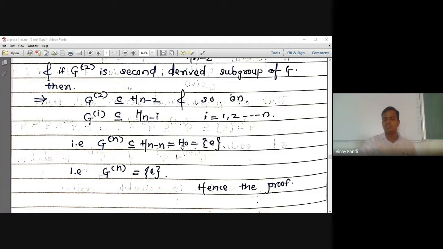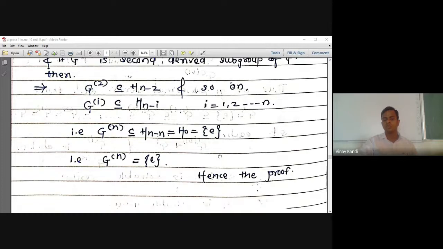But H0 is nothing but the singleton {e}. Okay, so we have Gn is contained in the singleton {e}. Your nth derived subgroup is contained in the singleton {e}. Then Gn must be equal to the singleton {e}. Is there any subgroup smaller than this? No. Hence G raised to n is equal to the singleton {e}.